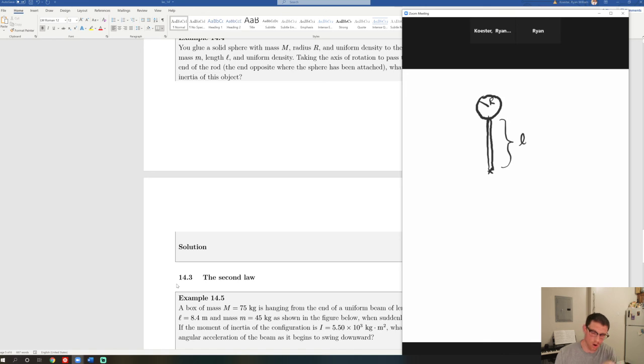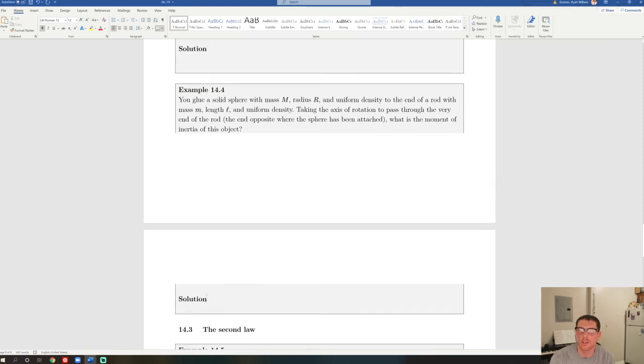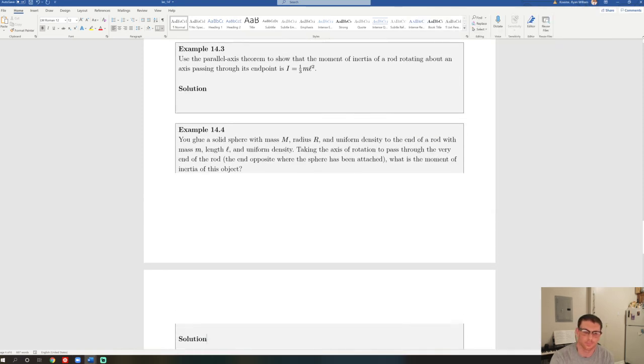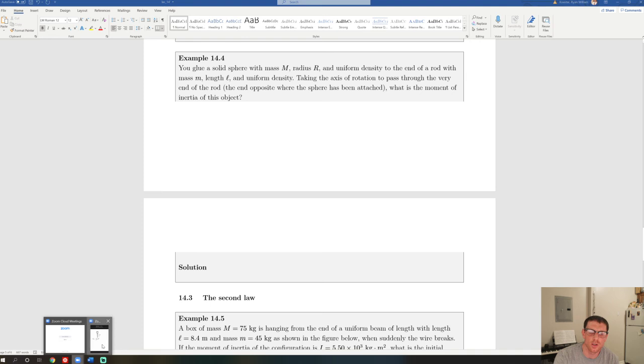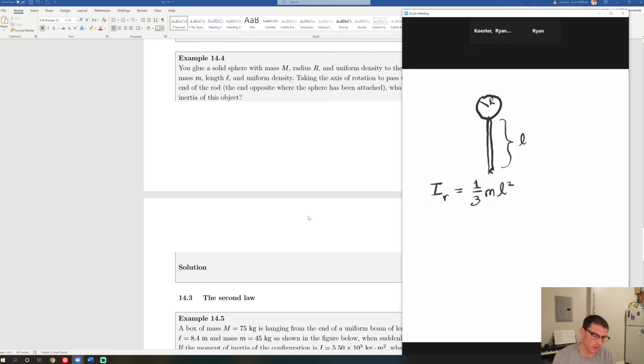So we already know that the moment of inertia of the rod about its endpoint is just 1/3 ml squared, right? Because that was what we just found here. So what we need to do is just use the parallel axis theorem to figure out what the moment of inertia of the sphere is.